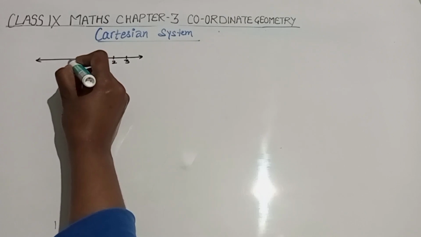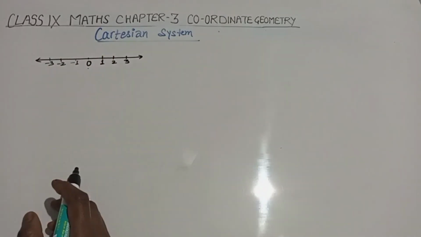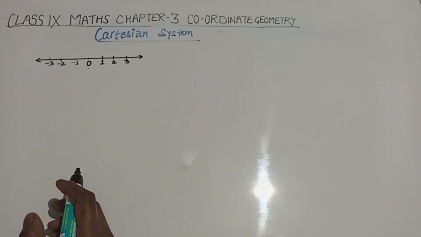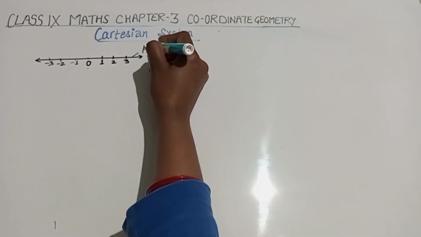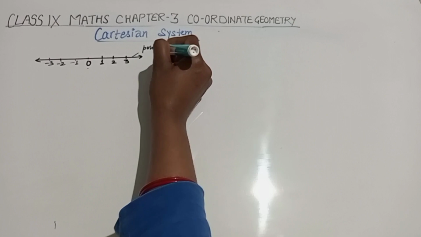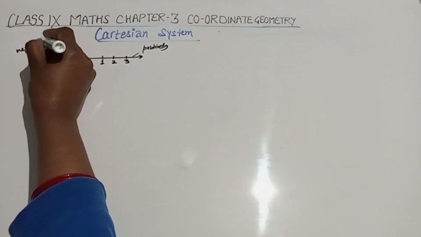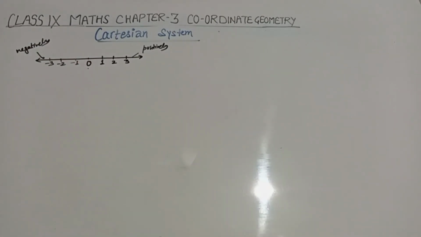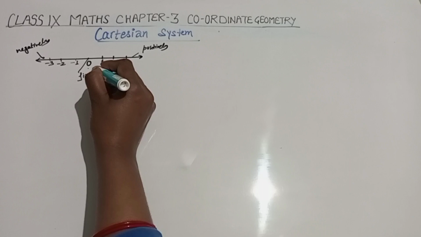Here we have -1, -2 and -3. Distances from the fixed point are marked equally, positively in one direction and negatively in the other. It means the left side is the negative direction and the right hand side is the positive direction. And the origin is our fixed point.